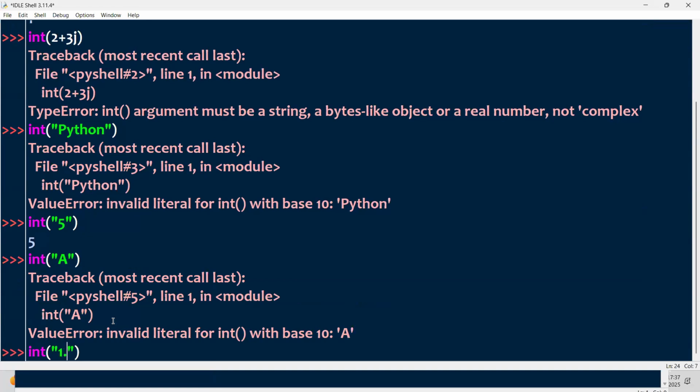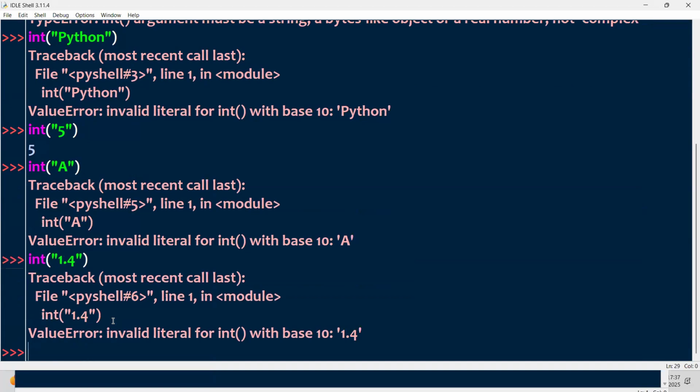Next, can we convert like this? For example, 1.4 given in string format. Can we convert this? Possible? The answer is no. You cannot convert this. So which ones are we finally able to convert?